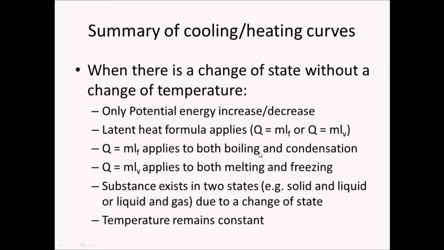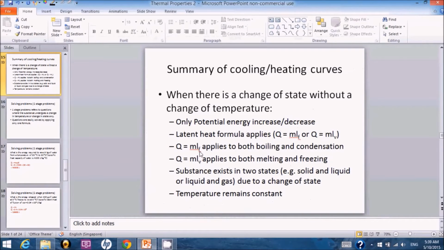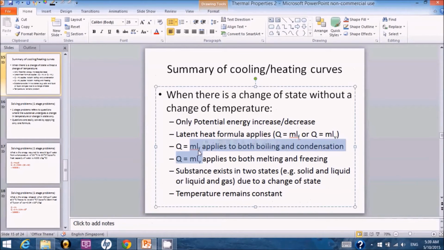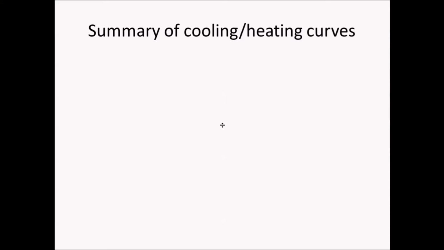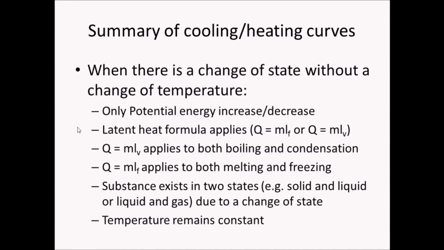There is a typo here: Q equal to mLV applies to both boiling and condensation, and Q equal to mLF for both melting and freezing. And the substance exists in two states during the process. When it's melting, it exists as solid and liquid. When it's boiling, it exists as liquid and gas, and temperature remains constant.